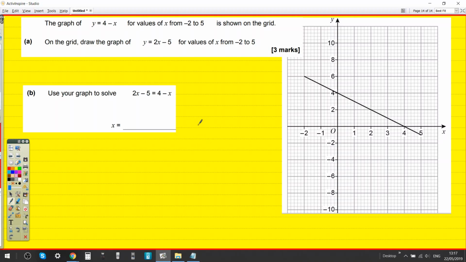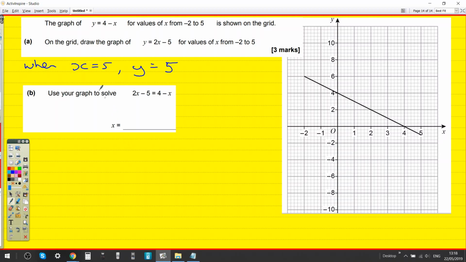Okay, so x is 5. So it's going to be 10 take away 5, which is 5. Equals 4 minus x.